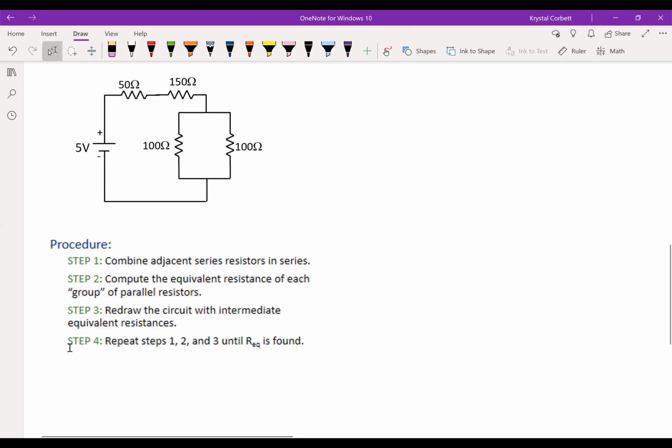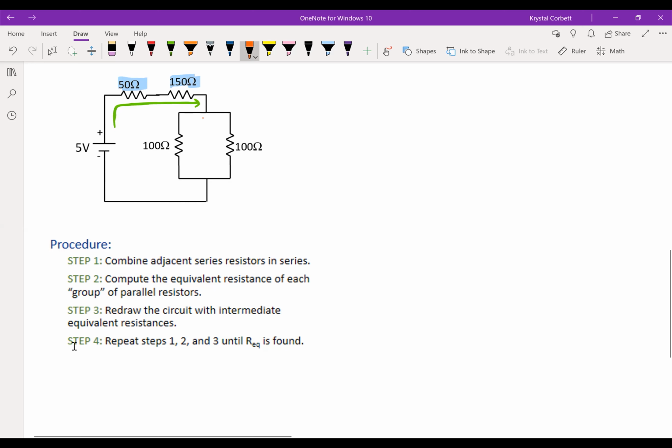So we'll use this circuit right here as an example. And you can see that this 50 ohm resistor is in series with this 150 ohm resistor. You can tell that because if you were current passing through those, you wouldn't have to have multiple loops to go through each individual one. You can go through one and then pass right through the next one.